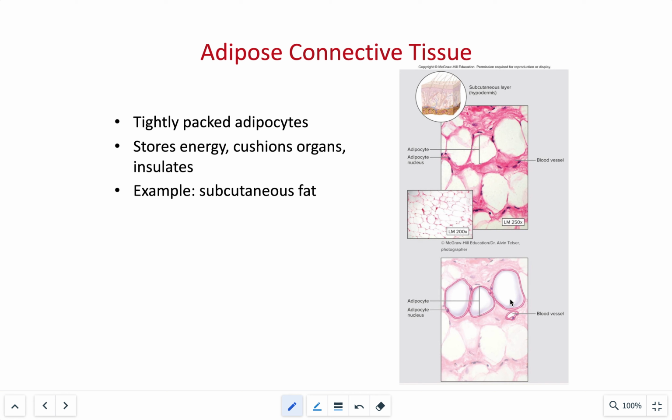It also cushions organs. Its main function is to store energy and protection. The nucleus is squeezed to one side, along with the organelles and the cytoplasm, and we mostly see this in subcutaneous fat.